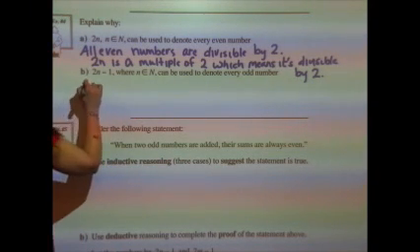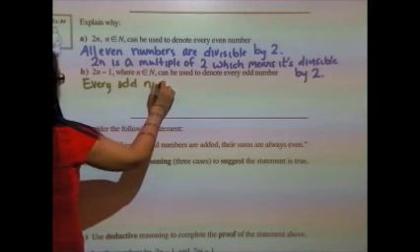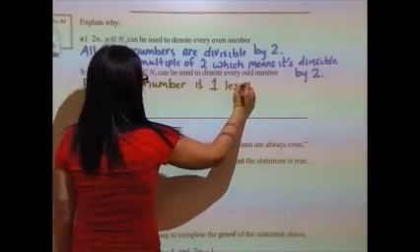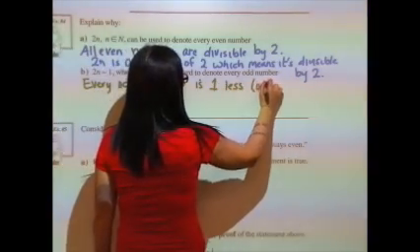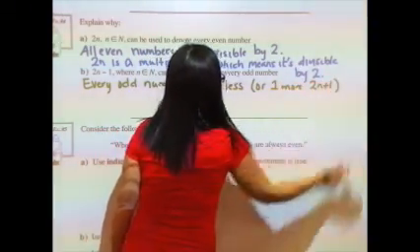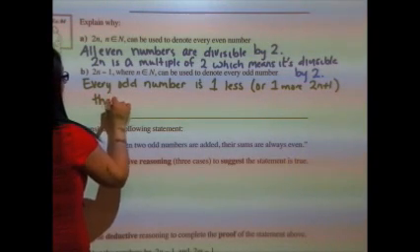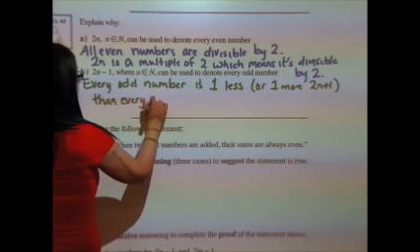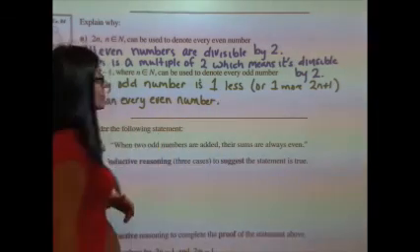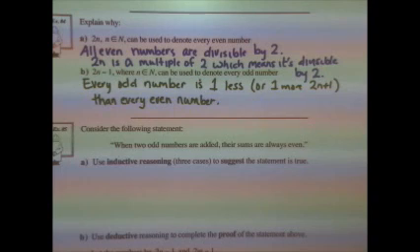Well, every odd number is 1 less, or it could be 1 more if I did 2n plus 1. So every odd number is 1 less than every even number. So if 2n represents the even number, 2n minus 1 would be the odd number because it would be 1 before that.